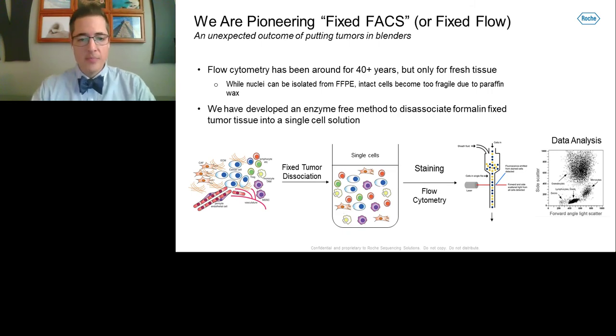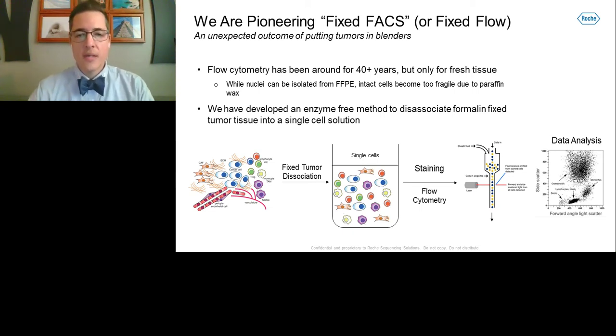I won't belabor this because I know that the vast majority of people in this audience are very familiar with flow cytometry, but just suffice it to say that what we are doing is, again, disassociating these solid tumors into single cells. This is non-enzymatic, so we're not degrading the epitopes on the surface of the cell, and then we are putting these cells through a flow cytometer.